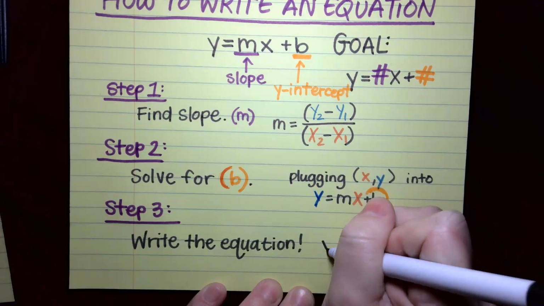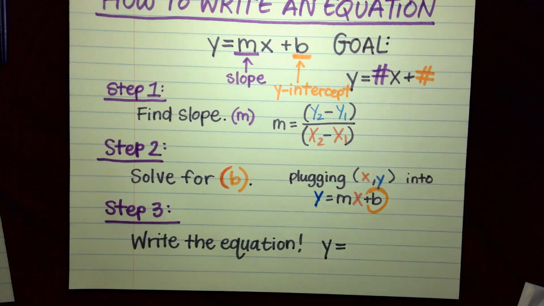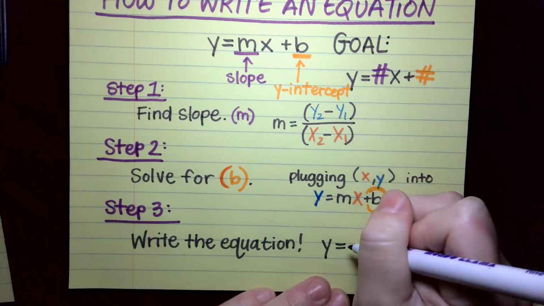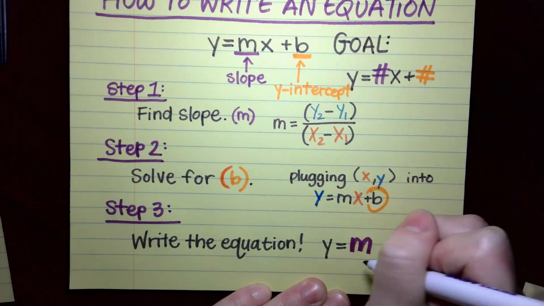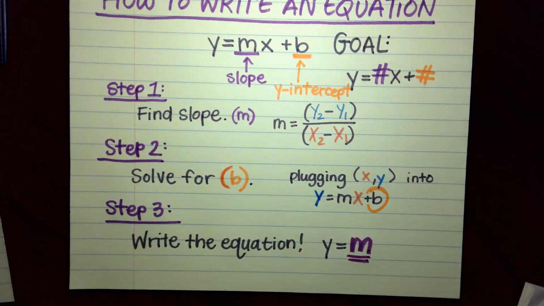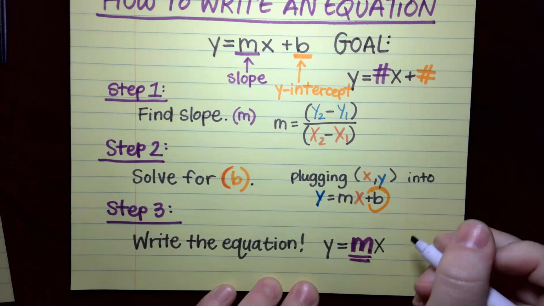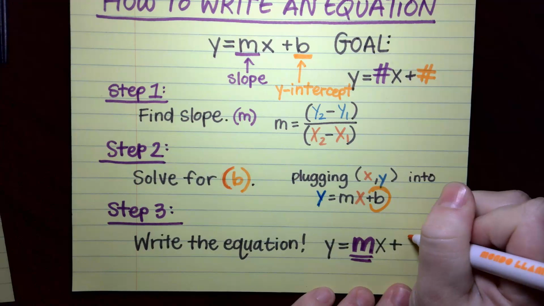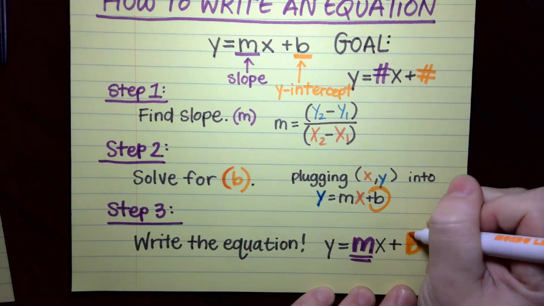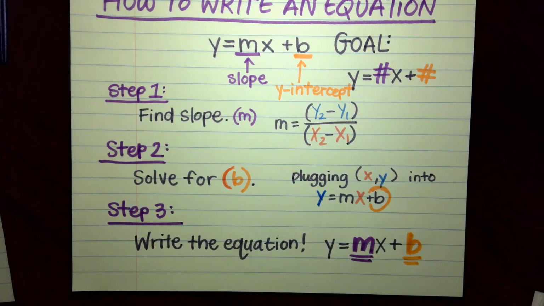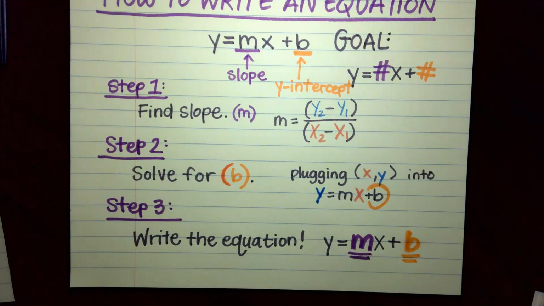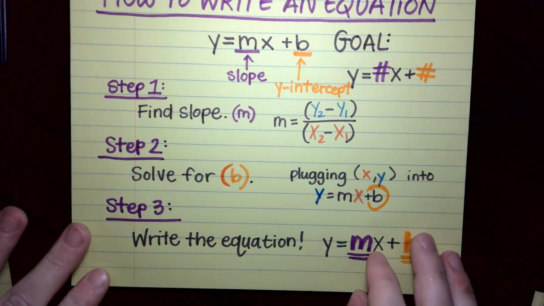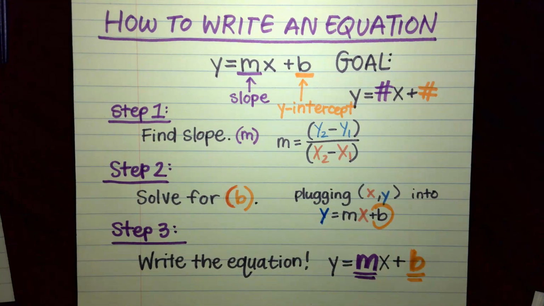And your final answer is going to be y equals a number for M, X plus a number for B. All right. So those are your steps. There's a review of how to write an equation, guys. I'll give everybody a minute to write. If they need to, I'll pause this recording real quick.